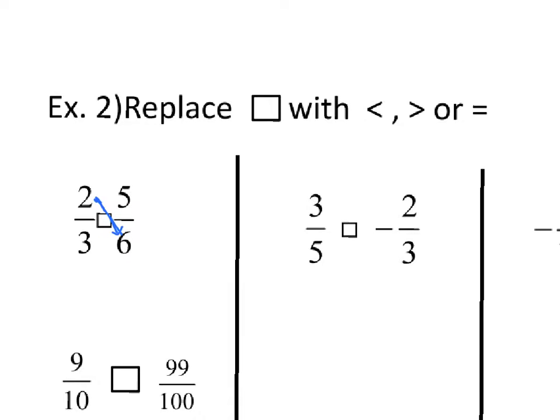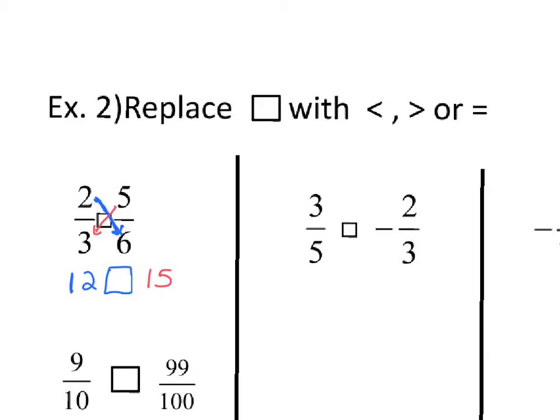Once you multiply 2 times 6, I'm going to put that number down first. And then I'm going to put the box again because I don't know the second number on this side. Then you are going to multiply the 5 times the 3. 5 times 3, 15. Once you see those numbers, it's a lot easier to understand which one is less, which one is greater.